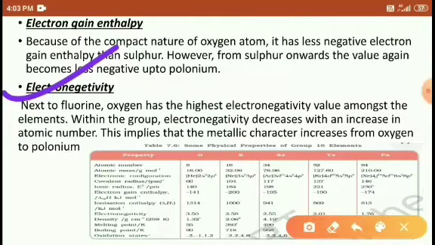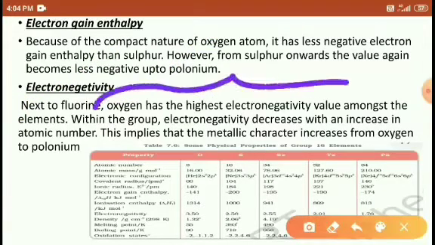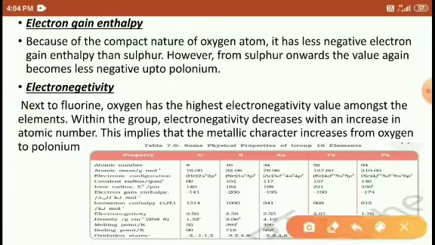Electronegativity. So already we know that when we move from left to right, fluorine is the highest electronegative and the second highest electronegative element is oxygen. Right? So oxygen has a high tendency to accept the shared pair of electrons as compared to the elements at the bottom. Electronegativity decreases as the atomic number increases because the size increases here.